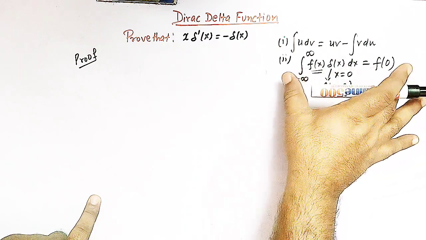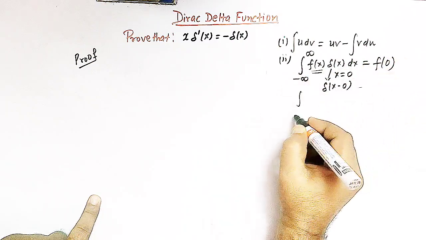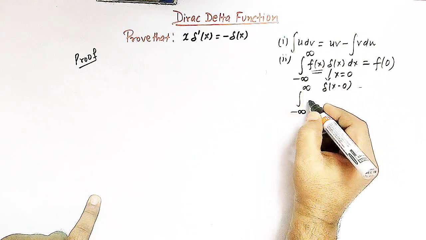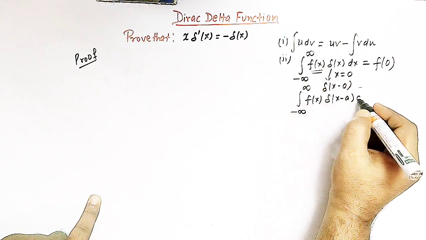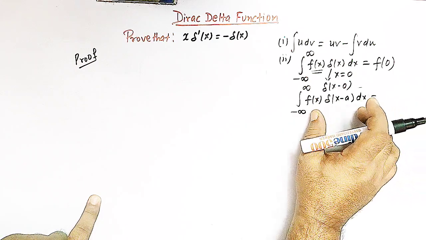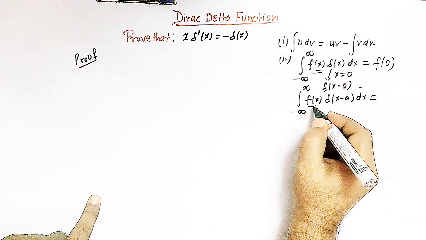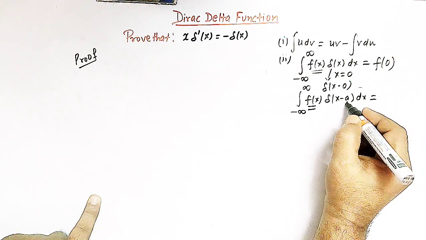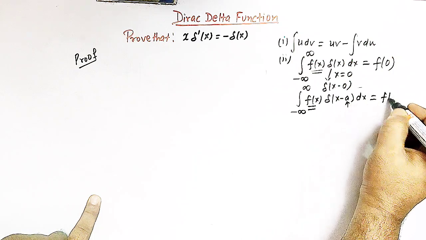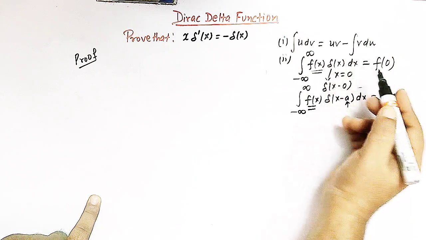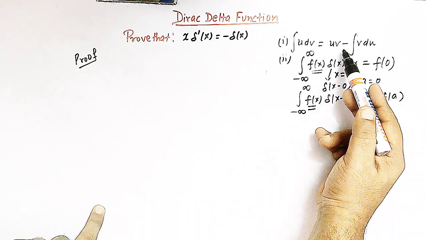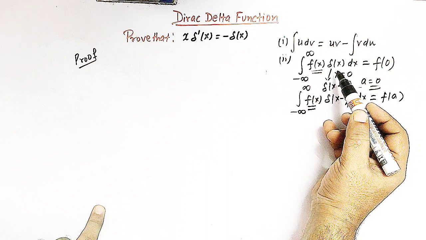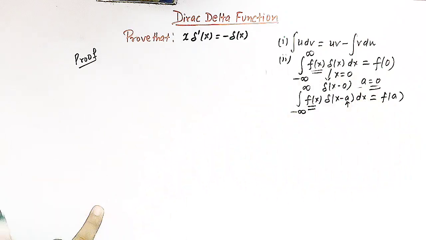So we can also write this integral as minus infinity to infinity f of x delta of x minus a dx. Then the value of this integral is equal to the value of this function at this point, so we have f of a, and in this case a is equal to 0.